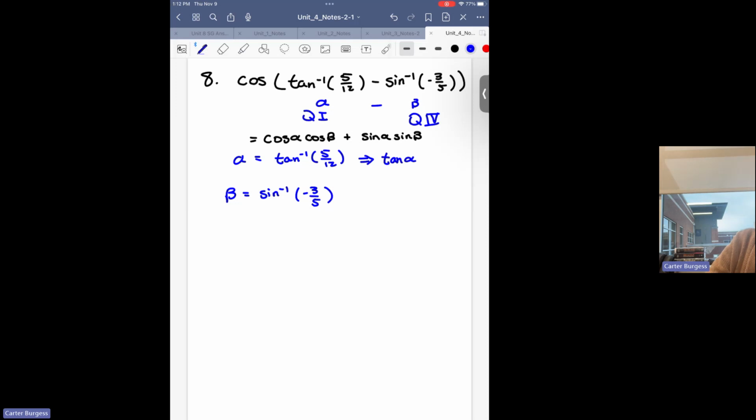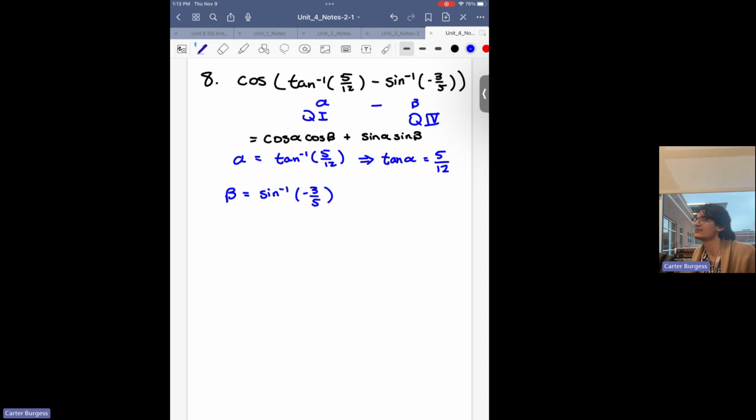What does tangent of alpha equal? 5/12. This is telling us the ratio that I would get when taking the tangent of this angle. So inverse tangent of 5/12 is the same as saying that tangent of this angle is 5/12.